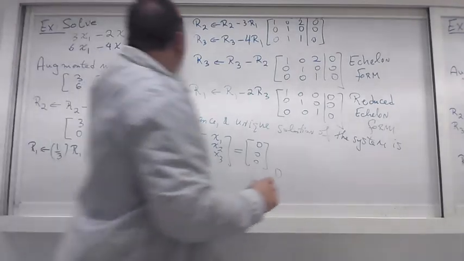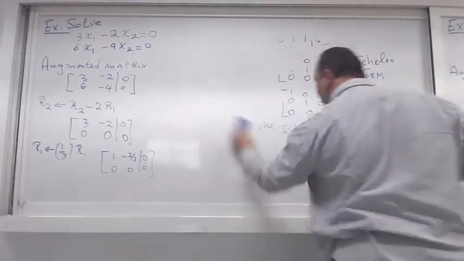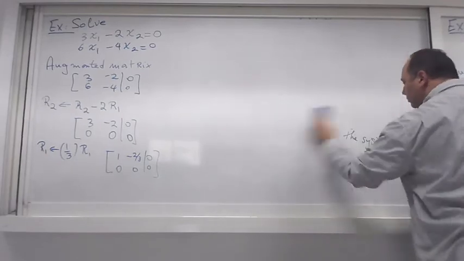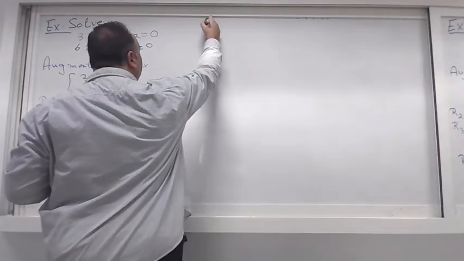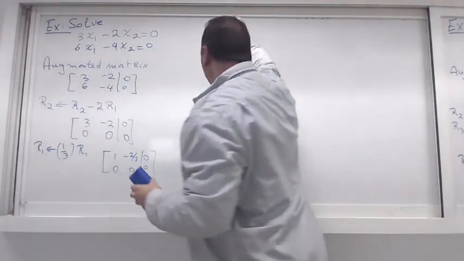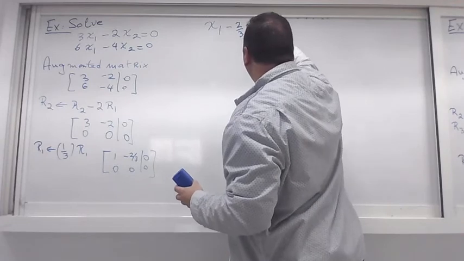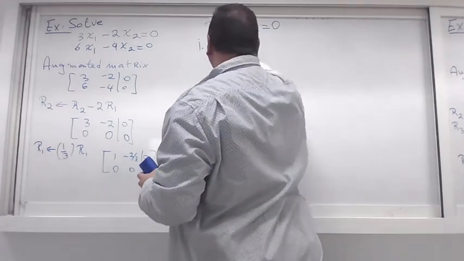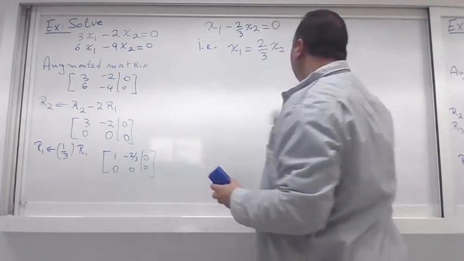So now we simply write the solution. So we have x1 minus 2 over 3 x2 equals 0, which means that x1 is 2 over 3 x2.